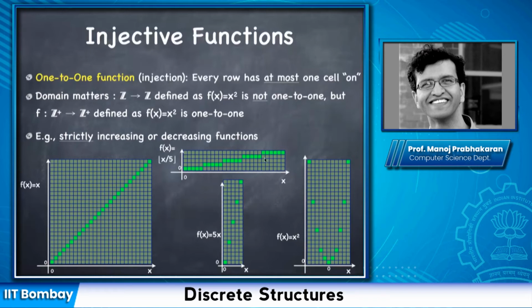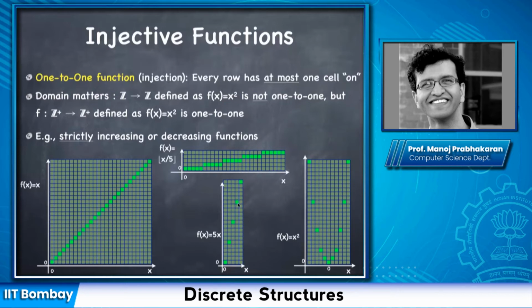The definition of a strictly increasing function is that if x1 is greater than x2, then f of x1 should be greater than f of x2. So here it is the case that if x1 is greater than x2, I can guarantee that f of x1 is greater than or equal to f of x2, but that is not a strictly increasing function.